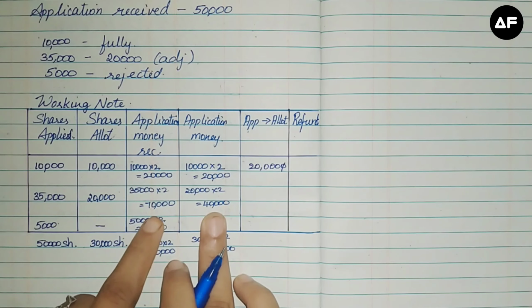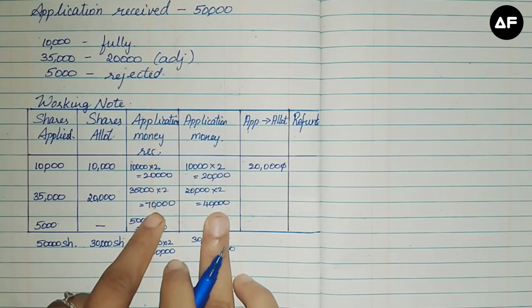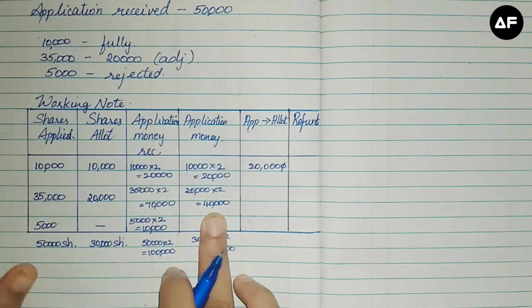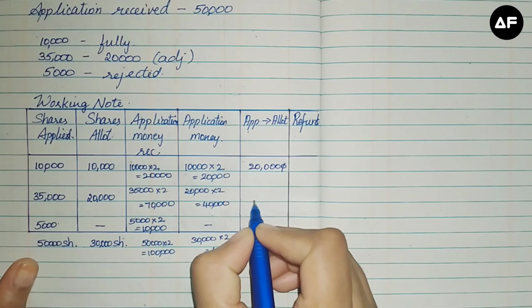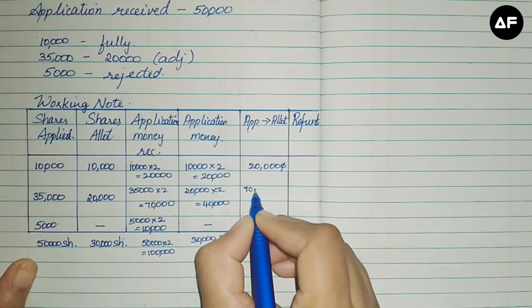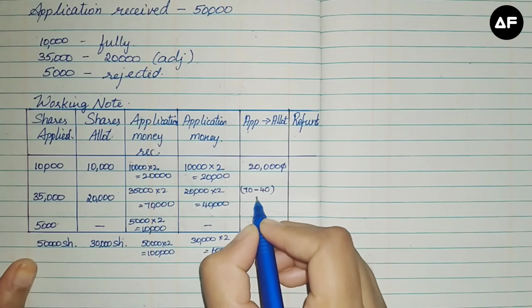First we received 70,000, but actually we are supposed to receive only 40,000, right? So the allotment adjustment will be the subtraction of both. So 70,000 minus 40,000 will give you 30,000.